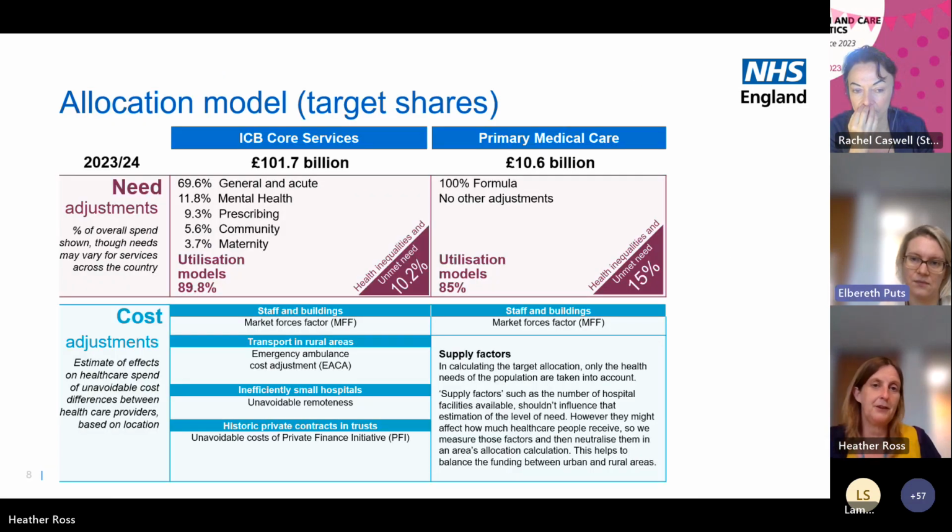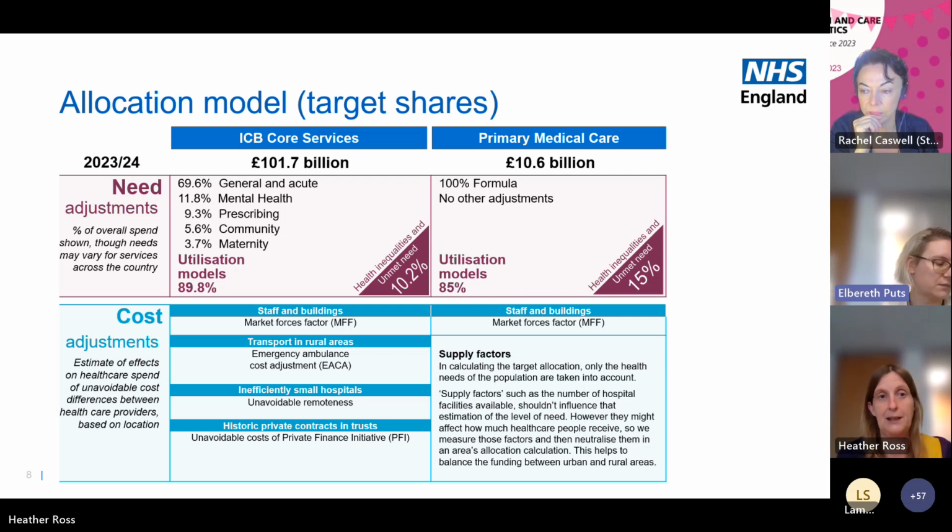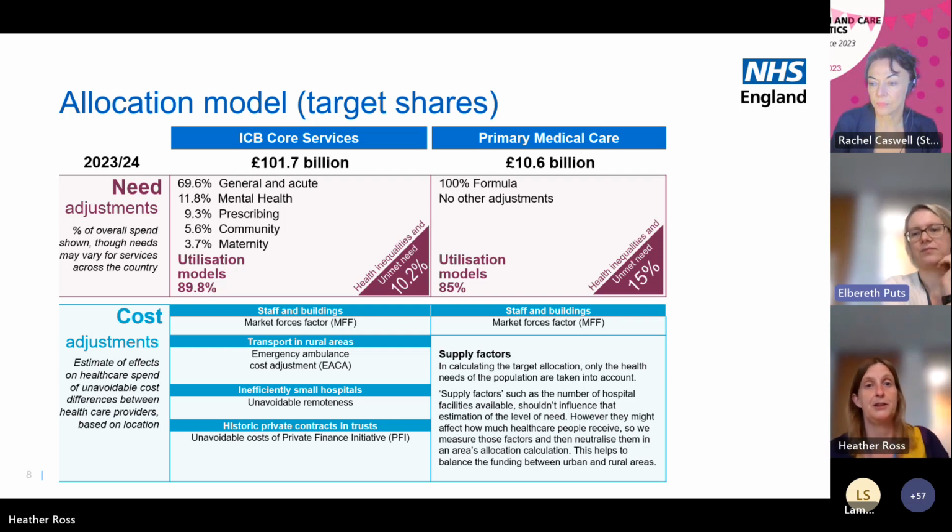So as I said, there are different components within the formula. We have two main formulas, two main allocations. One is the ICB core services, and one is for primary medical care. There is also going to be one for specialised that we've been working on developing, reflecting the delegation of specialised services to ICBs and the need to start distributing the money for those on a needs basis.